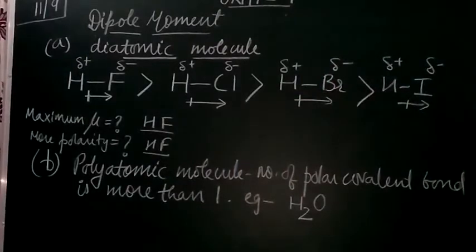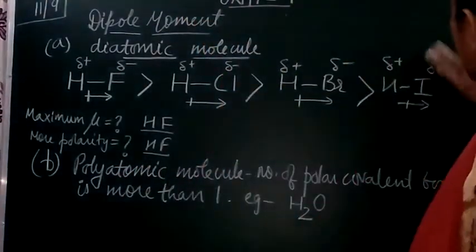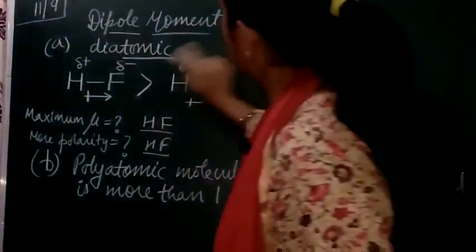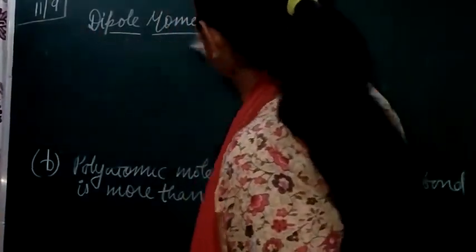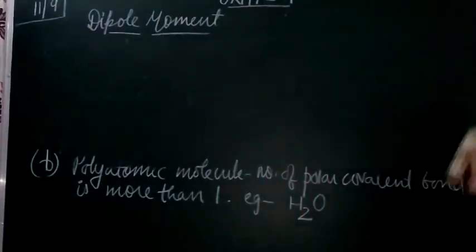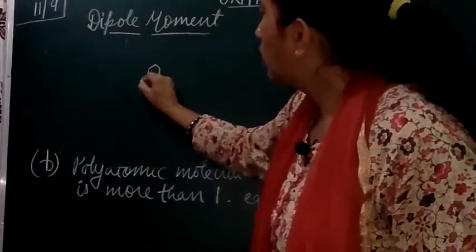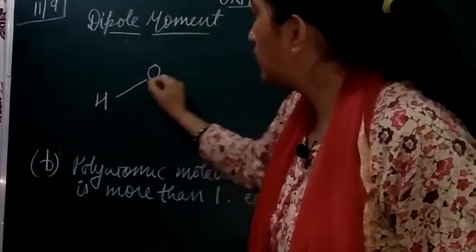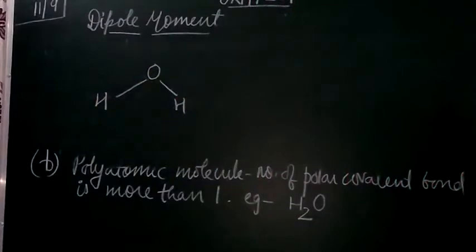So when we draw the structure of the water molecule, H2O has how many total electron pairs?